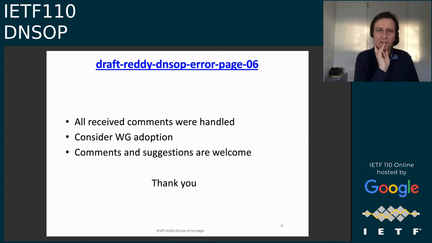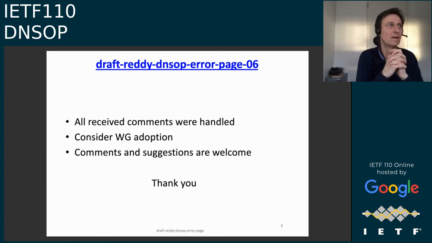Okay. So if I remember right, a previous version of this draft specified that the error page had to be served from the same TLS authority as the DNS connection was using.